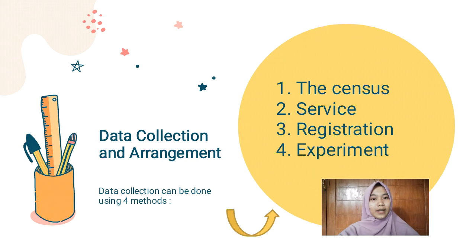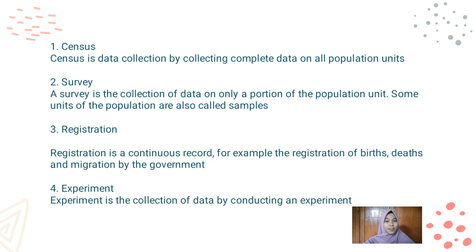Data collection and arrangement can be done using four methods. The first, the census; the second, survey; the third, registration; and the last, experiment. First, census. Census is data collection by collecting complete data on every population unit. The second, survey.